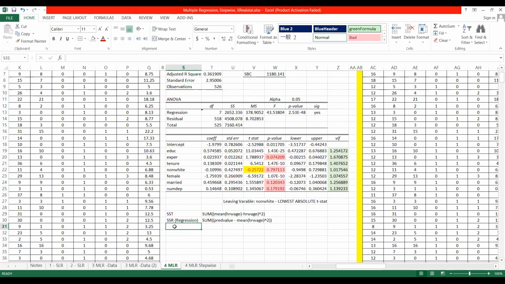And lastly, we have the SSE, which is the sum of the squares of your errors, or actually technically it's called residuals.